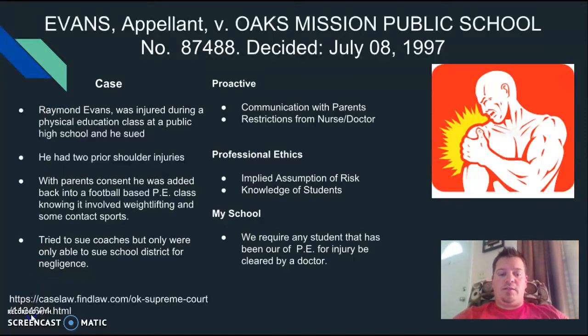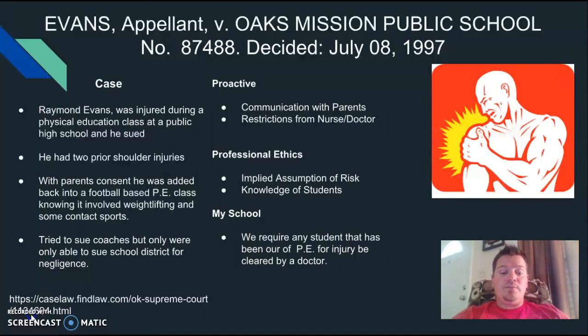So like I said, communication with the parents, know what they want and allow them to do, and restrictions from the nurse or doctor. I know at my school, if we have a student that's injured or has been out for being injured, we will not let them come back to PE until they've been cleared by a doctor. We have that note. So I don't know if in this case they had the note or not.